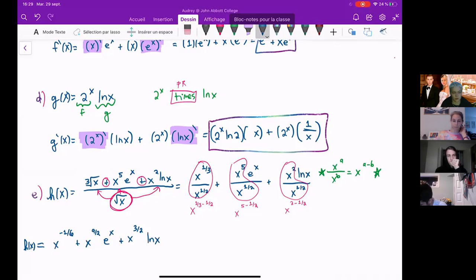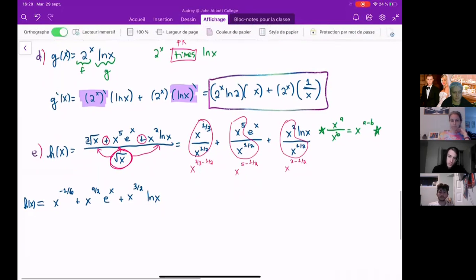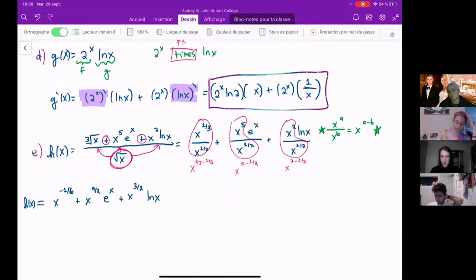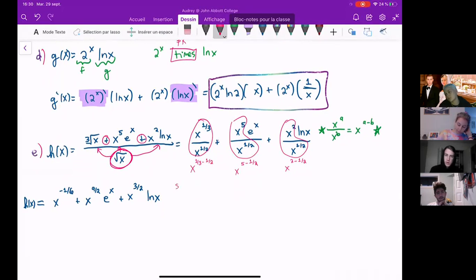All right. Okay. How many terms do I have here? 3. Have I taken any derivatives yet? No, this is just entirely simplified. So this is my simplified form.